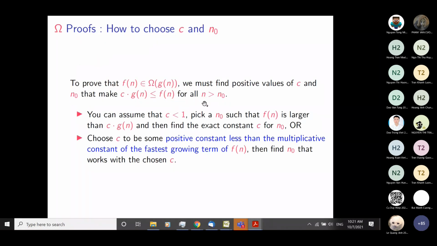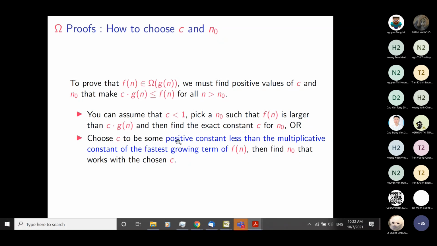Another way to prove that f(n) is greater than c g(n) is to assume that c is smaller than 1 and find an n0 that will make this function smaller than f(n).